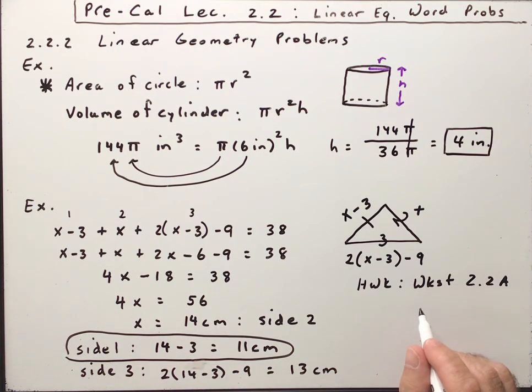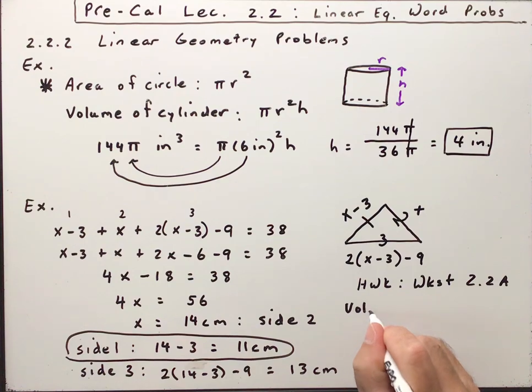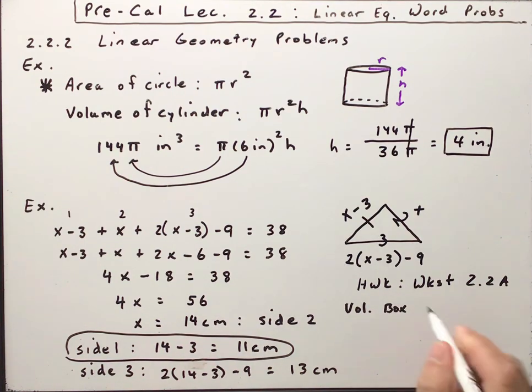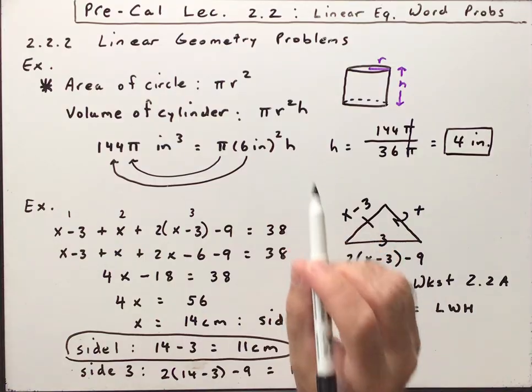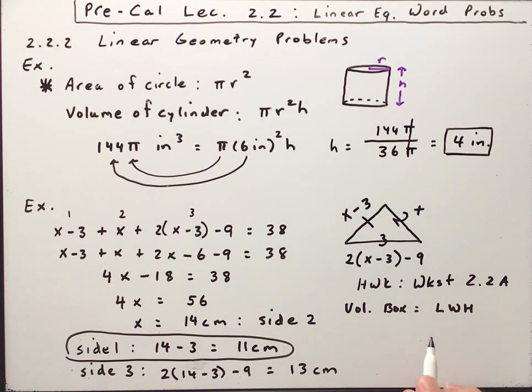And just a few formulas that you might need to remember would be that the volume of a box is equal to length times width times height. All right, that's the volume of a box. We've already talked about the area of a circle and the volume of a cylinder. You'll also remember the area of a rectangle. So area of a rectangle, do you remember what that is?